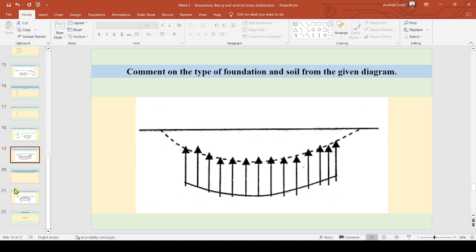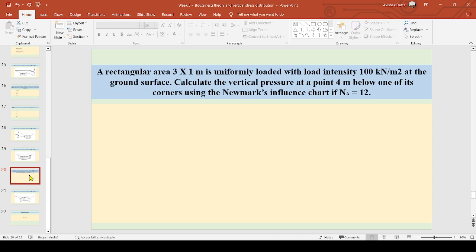Next question, another numerical. A rectangular area 3 by 1 meter is uniformly loaded with loading intensity 100 kilonewton per meter square at the ground surface. Calculate the vertical pressure at a point 4 meter below one of its corners using the Newmark's influence chart.